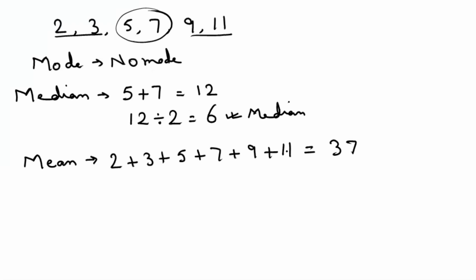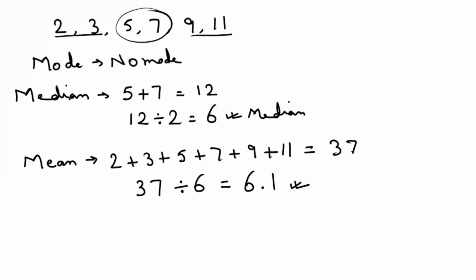Now, after adding all of the given numbers, we have to count how many numbers there are: 1, 2, 3, 4, 5, 6. It means the sum we have to divide by 6. Our answer is 6.1. This is the mean.